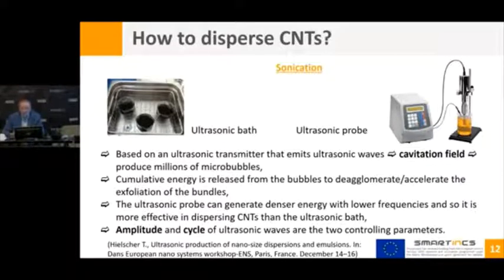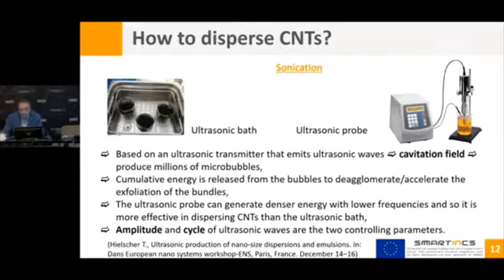This cavitation field will produce many small bubbles that will then implode, and when these bubbles implode, they will create shock waves that will be able to deagglomerate the different bundles of carbon nanotubes, or also graphene, or whatever material you want to deagglomerate. It's also a system that is used for the production of ceramic slurries. If you want to disperse ceramic powders into liquids, you can use also this kind of sonic probe.